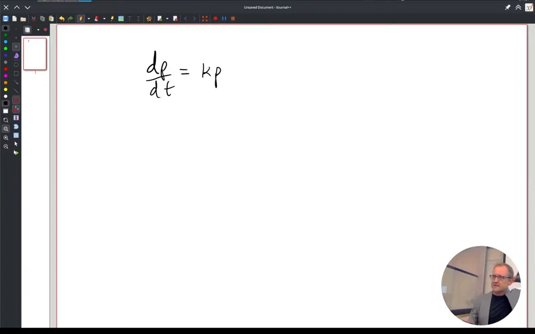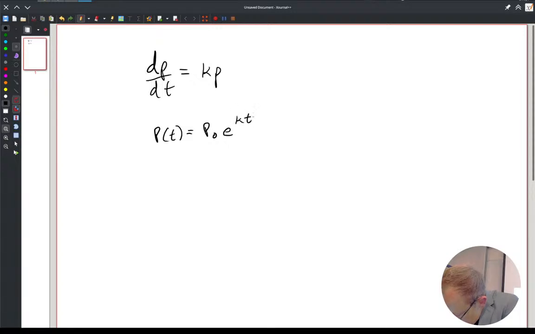So if this is our differential equation, then the solution is that P at any point in time is some P0 times e to the kt. But I don't have population at time equals 0, so to make my life easier, I'm gonna shift everything by 1900 years.